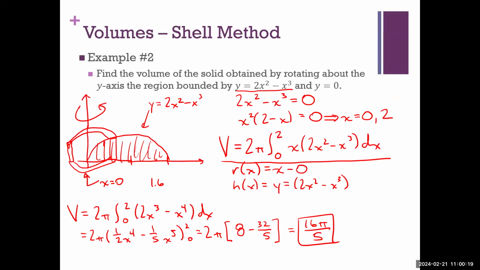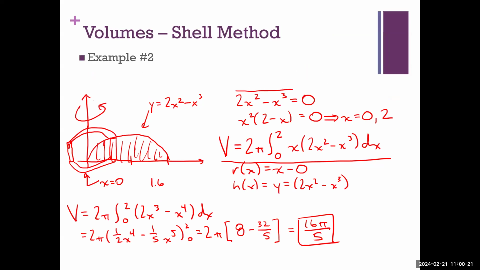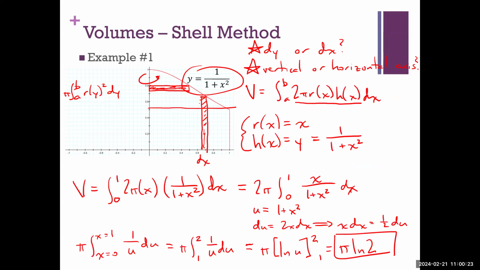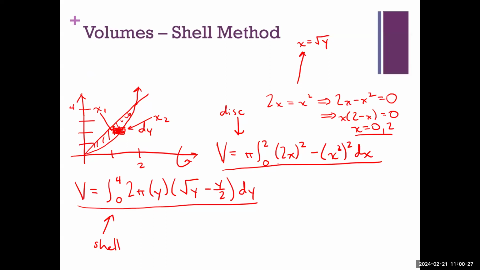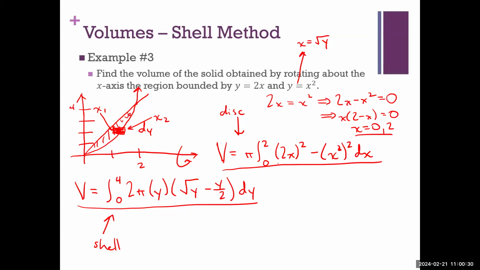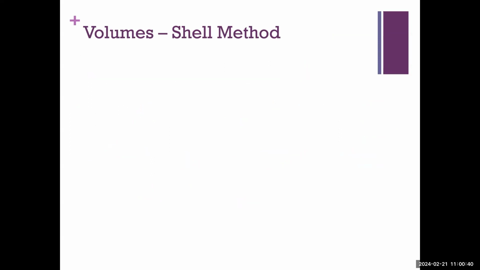This was the y-axis, so we used x as our variable. So for the shell method, the bottom line is that the rectangles you make your cylinders out of have to be parallel to the axis that you're revolving over.